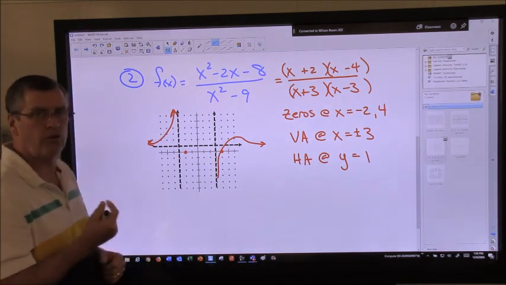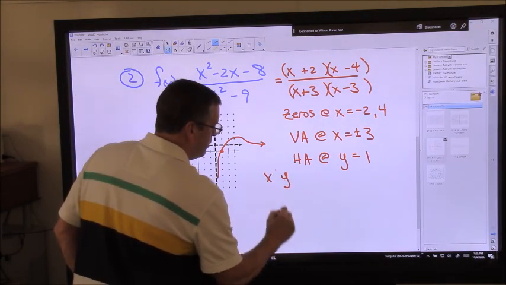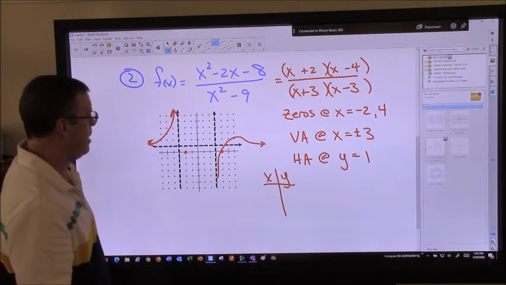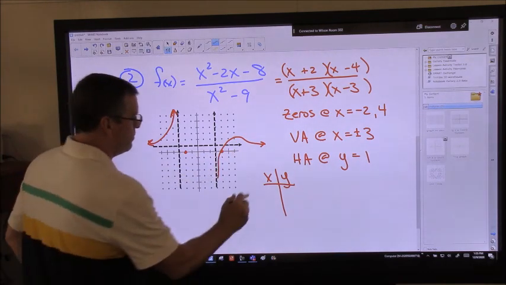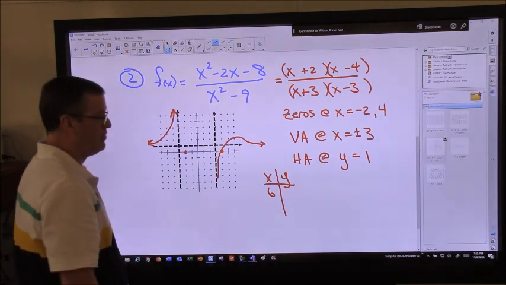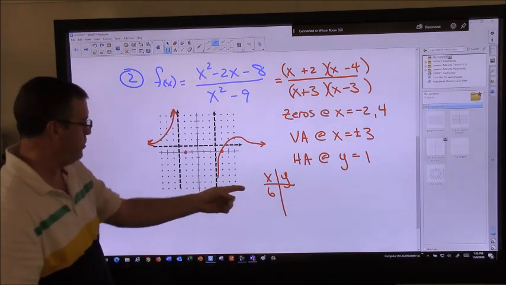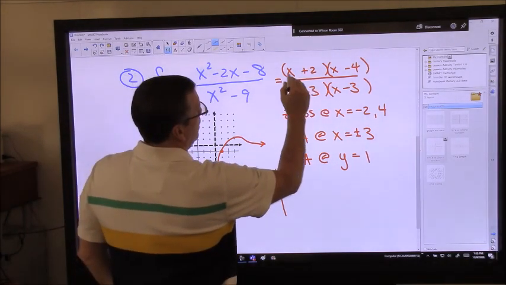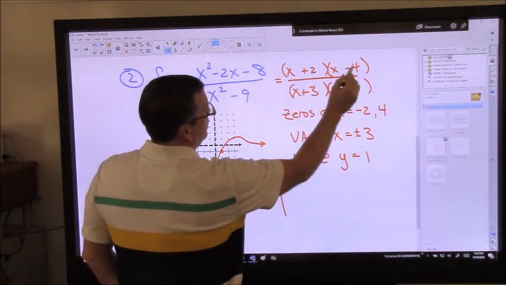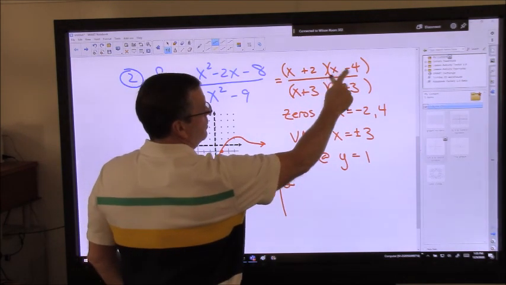I suppose what we could do is we could plot a point that would tell us whether or not that's happened. Let's just go out here to 6. If I want to plug 6 back into this function and see what I get, now, me personally, I think it's easier to plug it into this. If you put a 6 in here, you've got 8 times 2, right? 6 plus 2 is 8, 6 minus 4 is 2.